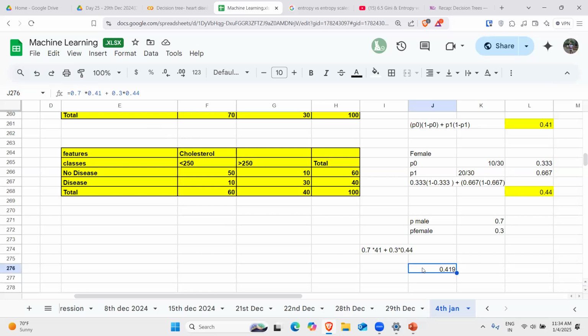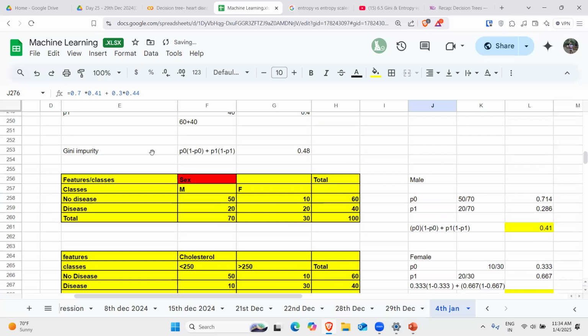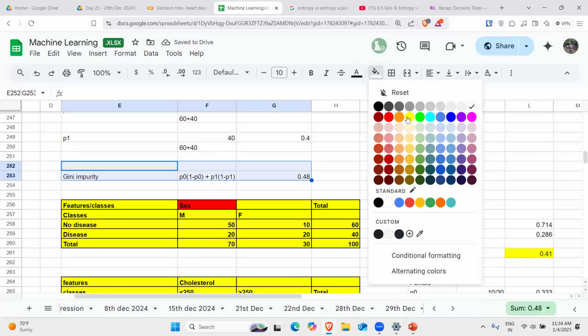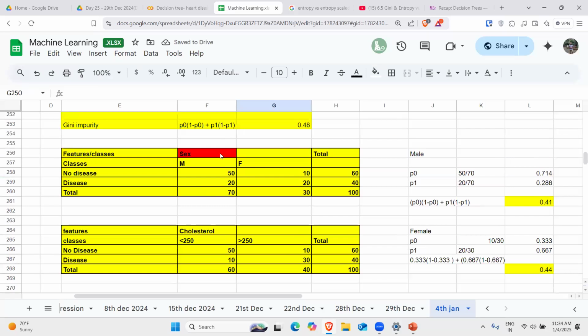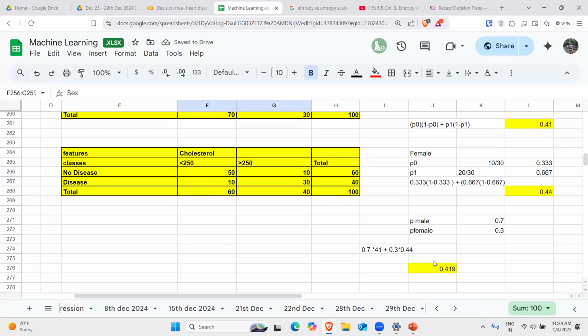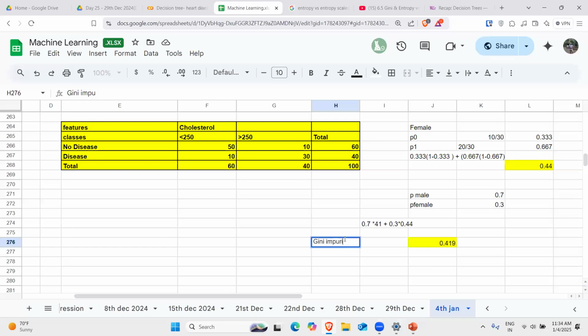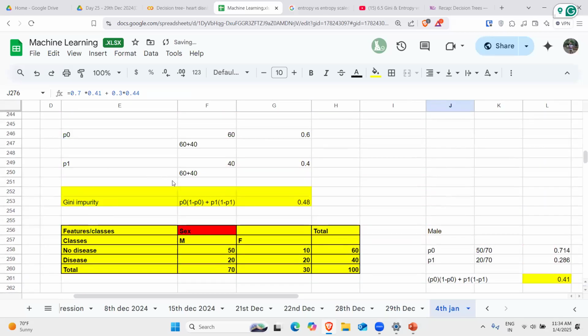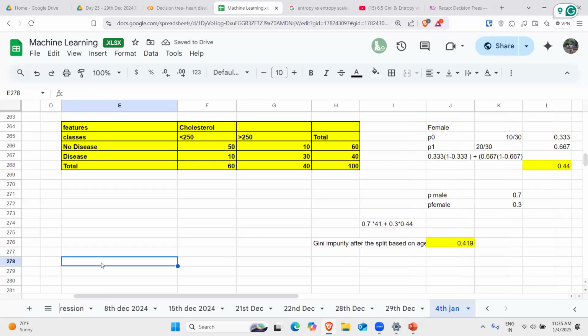right? So Gini impurity before split is 0.48, right? We have calculated that. Gini impurity after doing splitting based on the sex column is 0.419, right? Here it will be 0.48. This is before split. Let me write down over here. This is before split, right? Now it's time to find the reduction in the impurity.